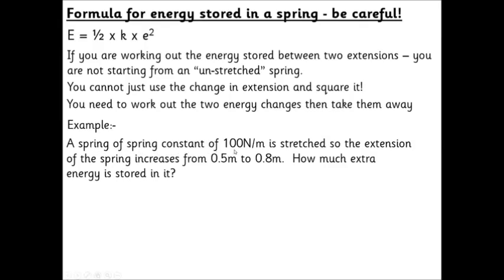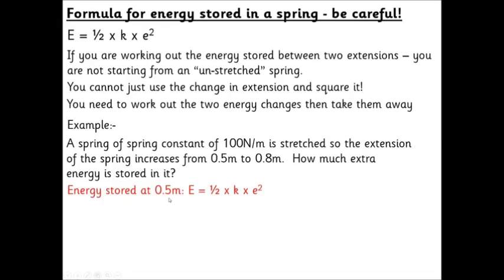A spring with a spring constant of 100 newtons per meter is stretched so the extension of the spring increases from 0.5 to 0.8. How much extra energy is stored? What you might be tempted to do is use the formula and put the extension in as 0.3, which is the difference between these two, but you can't do that. You have to work out the energy stored here and the energy stored here and then take the two away.